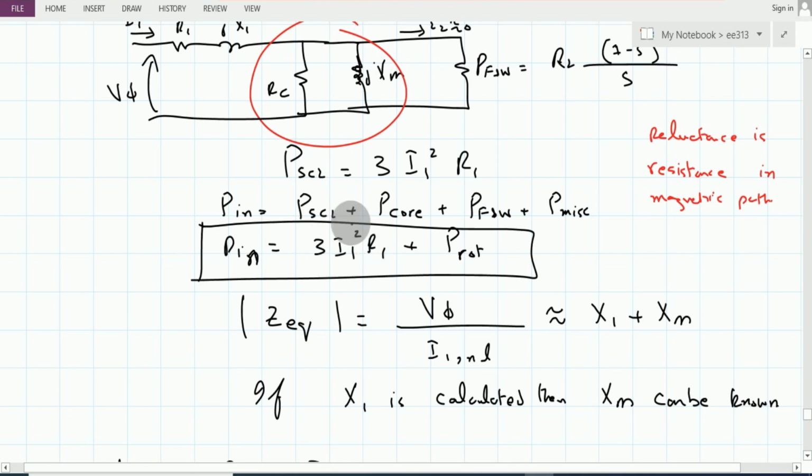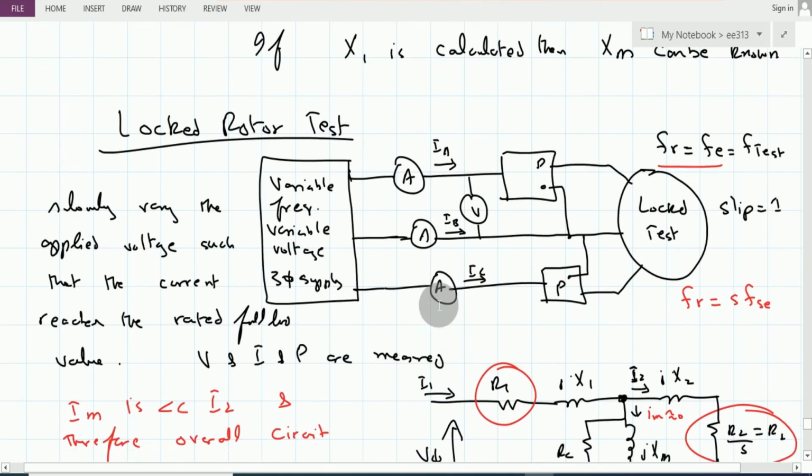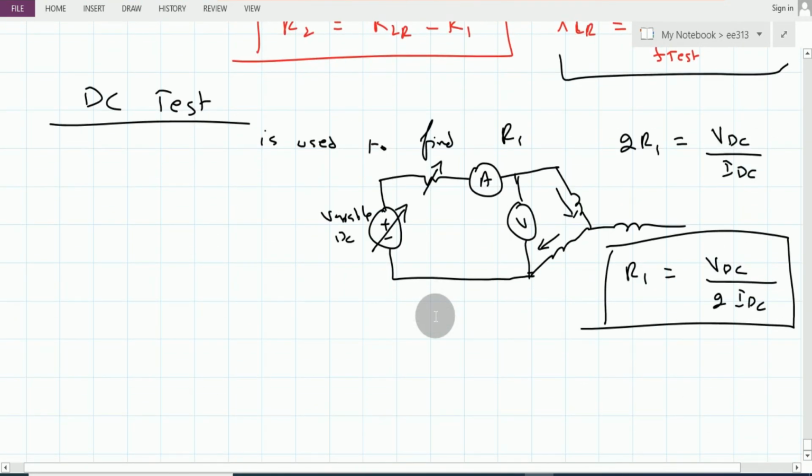Once we get the value of R1, we can find the stator copper losses, and thereafter P input becomes equal to the rotational power losses. So determination of R1 using this DC test provides us advantage on two sides.